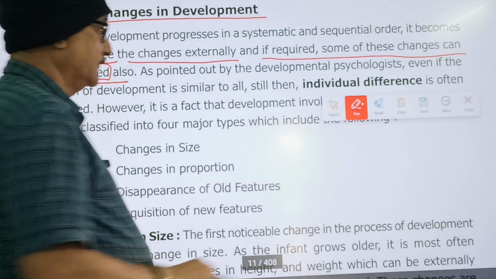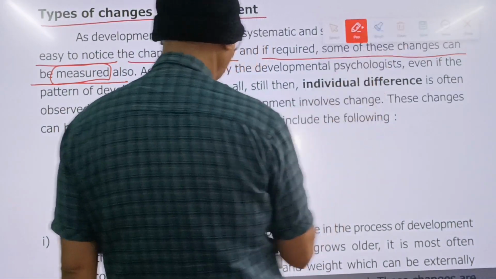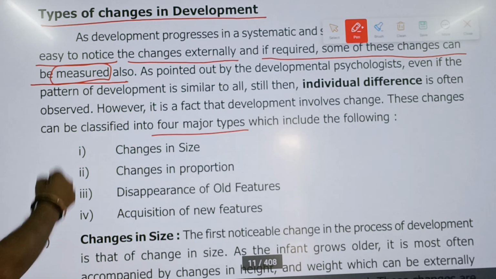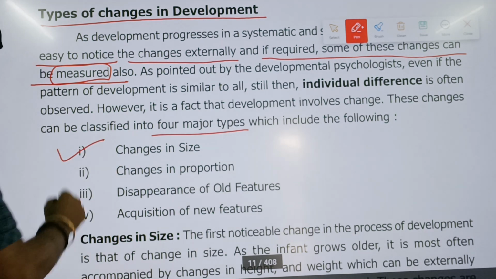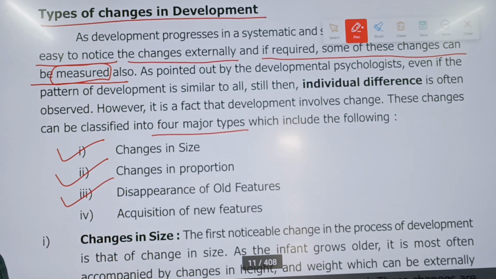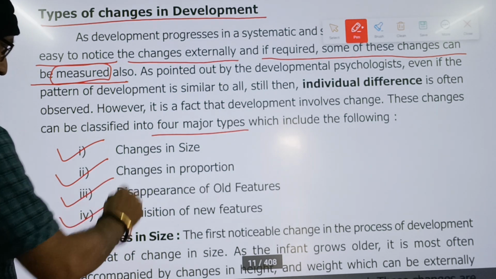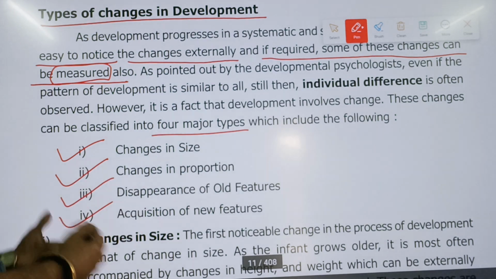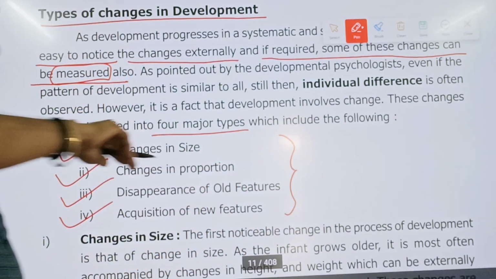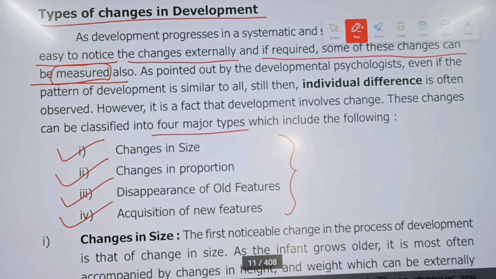So these developments are of four major types. What are they? Change in size, change in proportion, disappearance of old features, and acquisition, meaning acquiring of new features. These are the four major types of changes we mark in development. Clear?